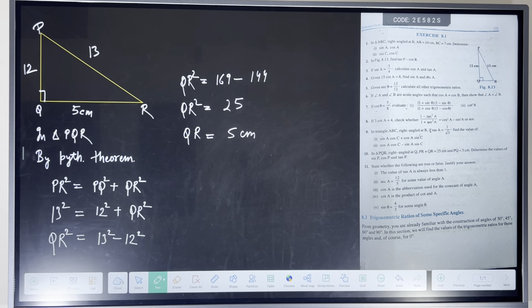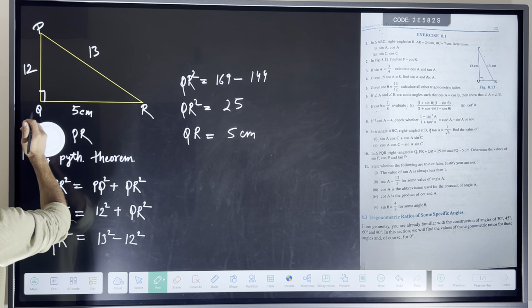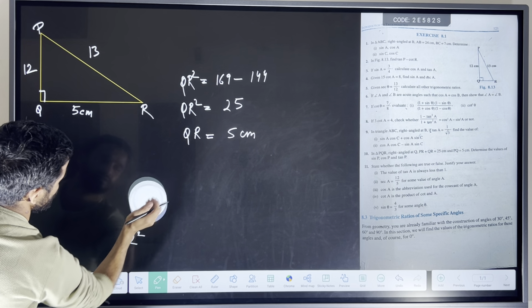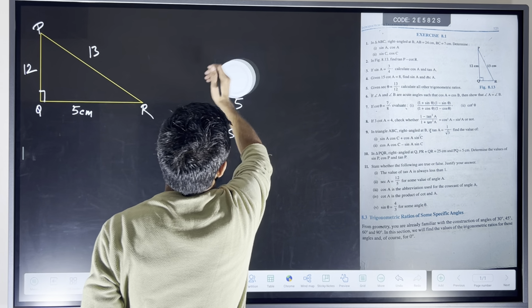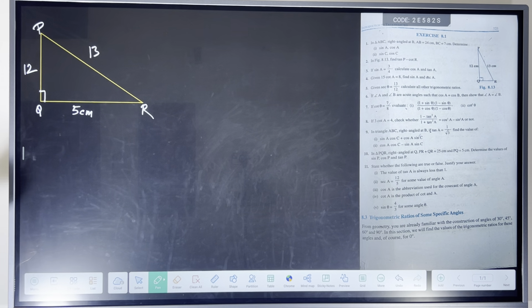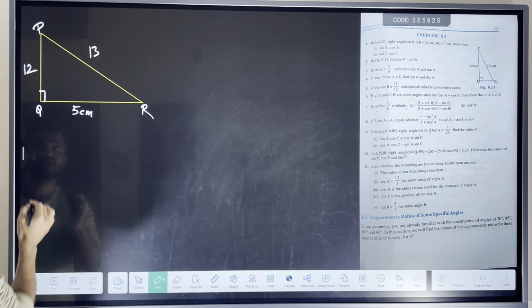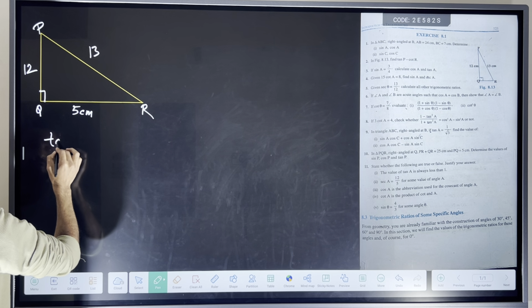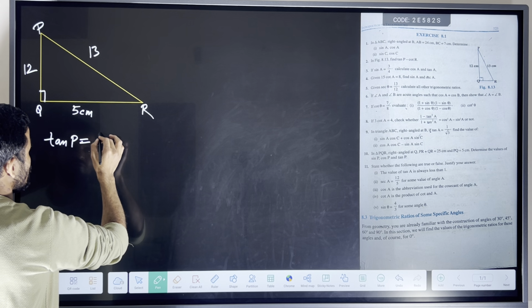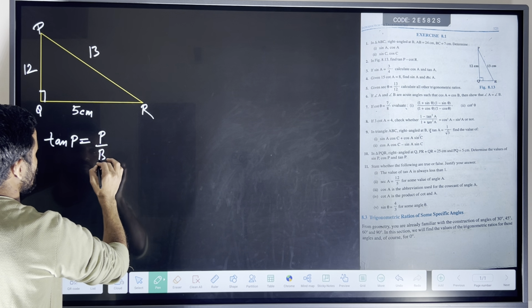Let's move forward. Now tan P is equal to again perpendicular upon base.